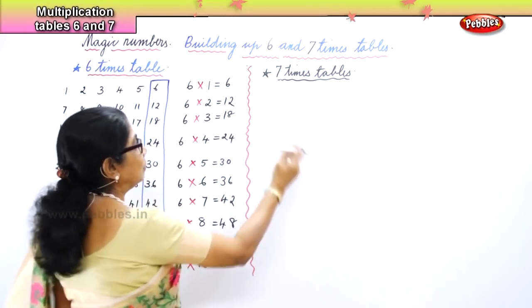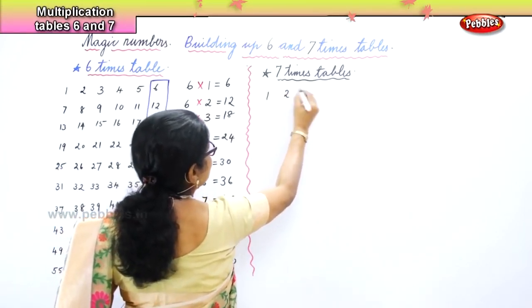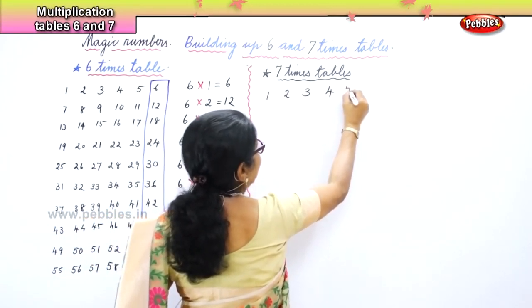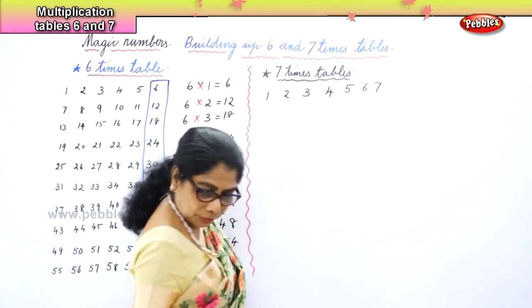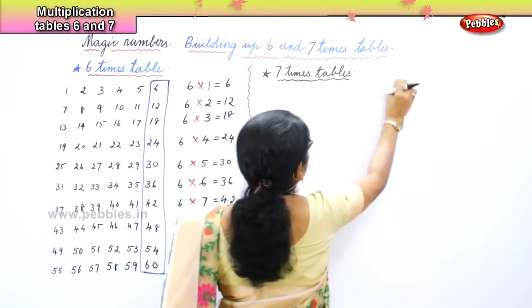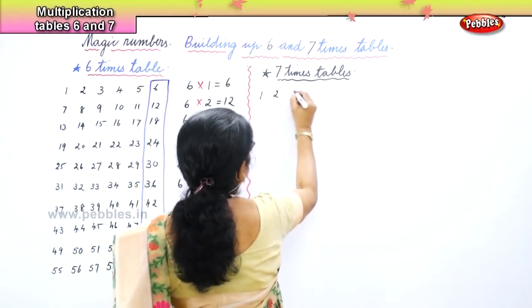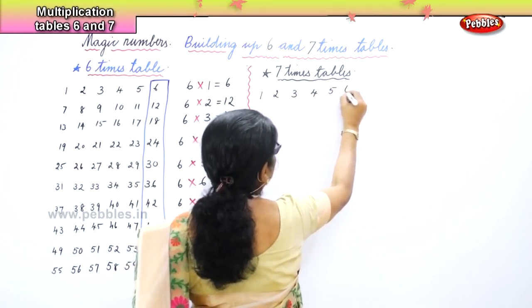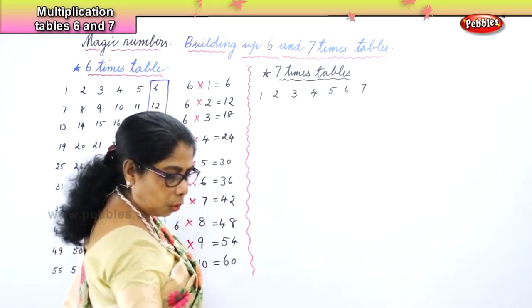Because it is the 7 times table, you simply write 1, 2, 3, 4, 5, 6, 7. That's it. And then as usual go on.